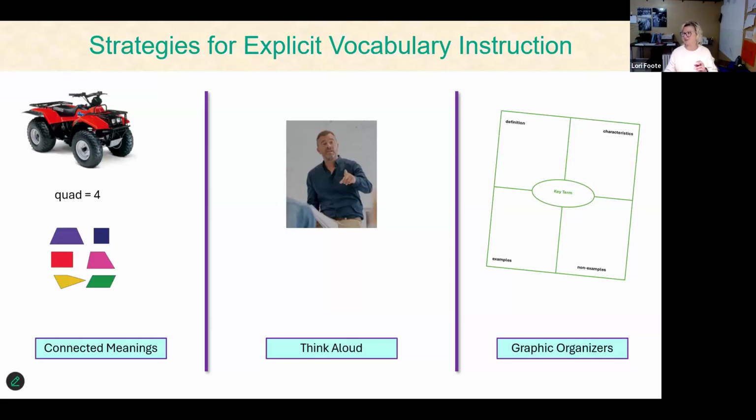And then the third one there is a little bit small, but it's using a graphic organizer. The one we've got there is a Frayer model. In the center, you can write the key term, and at the top left, you've got the definition. On the top right, you've got characteristics. Then there are examples: in math, where are you going to see that word being used? So give an example of it.